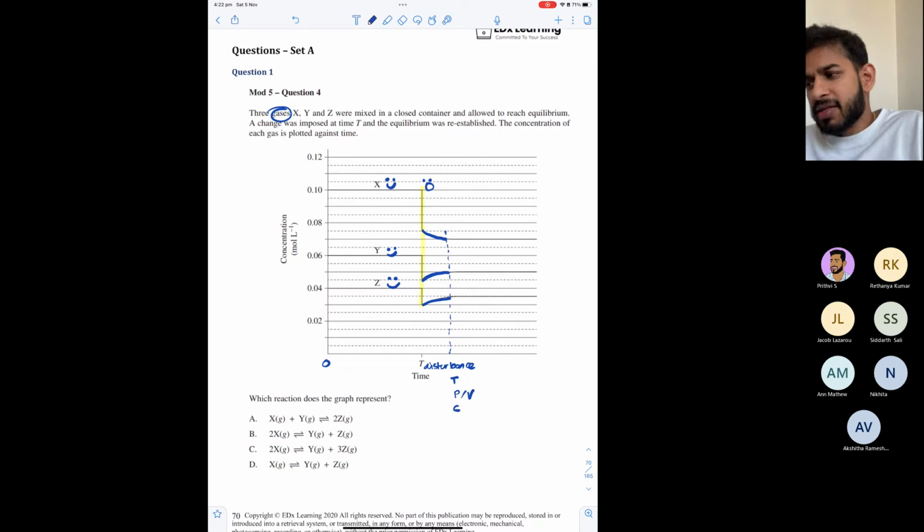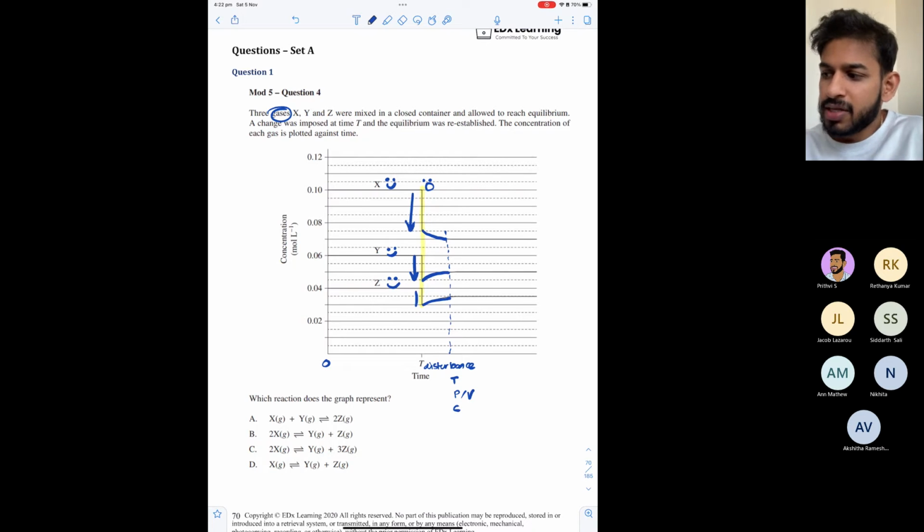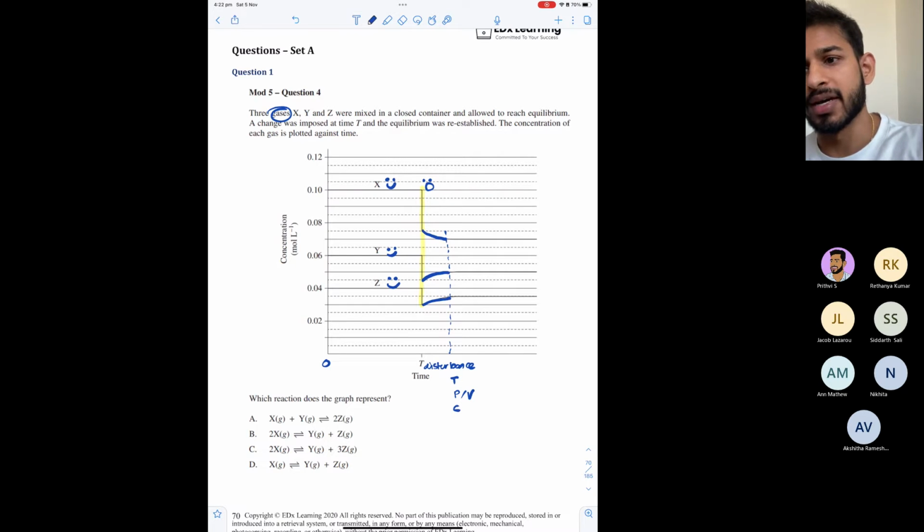Now, I want you guys to think about this. Which one would affect all three gases immediately? Can you see this sharp change where all the gases dropped in concentration? Do you think changing the concentration of one gas would cause such a drastic immediate change to all three gases, everyone? Sid, what do you think?